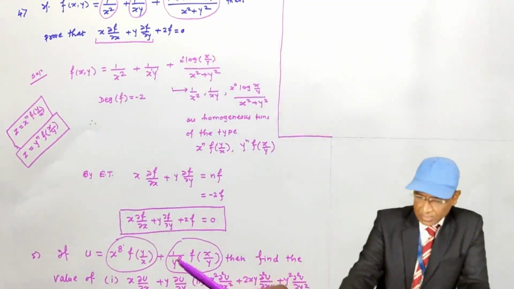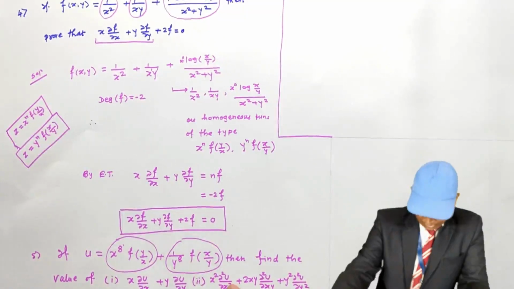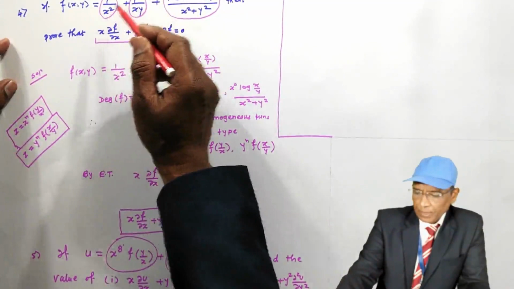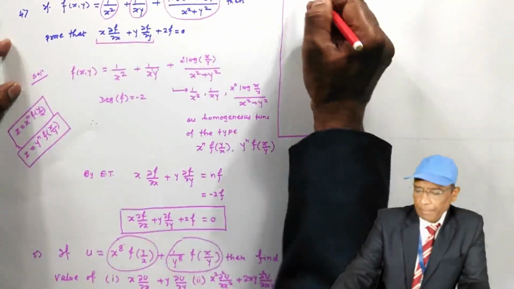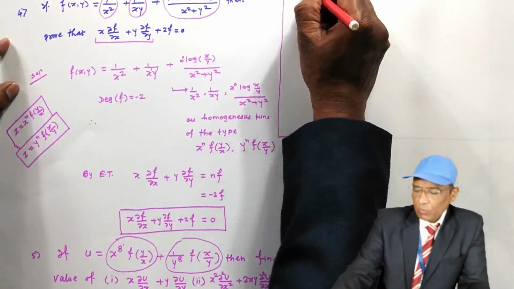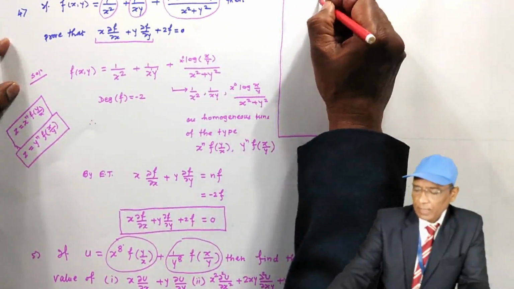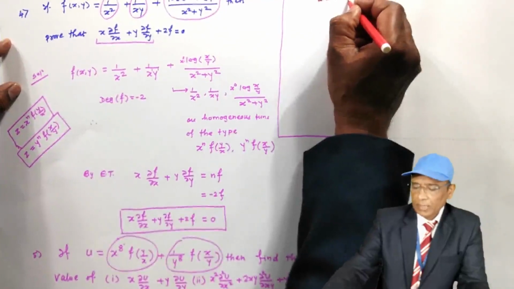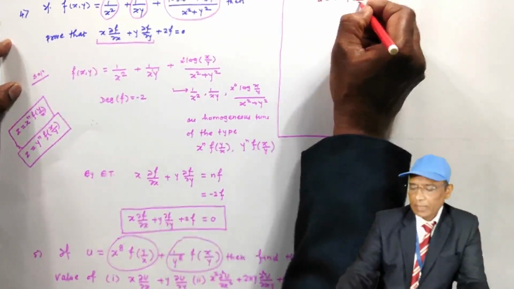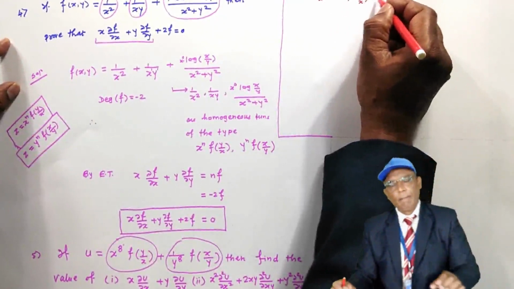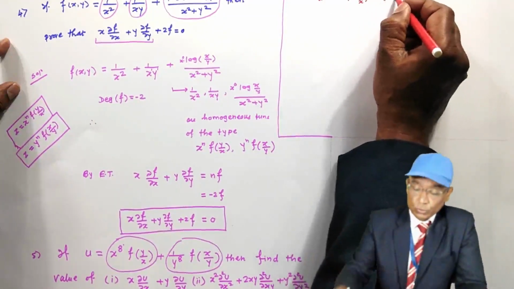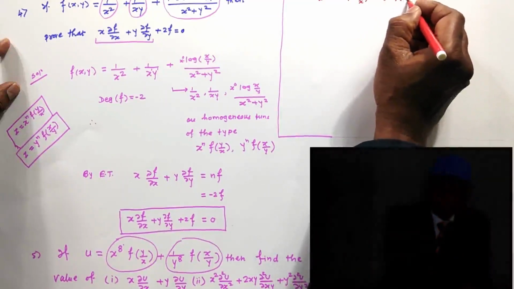But here, u is x to the power 8 f of y by x, this is the first term, and the second term is 1 by y to the power 8 f of x by y. The degree of this term is 8 and the degree of this term is -8. You cannot apply Euler's theorem directly on u. So what to do?